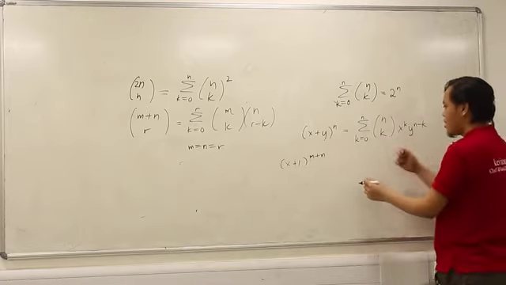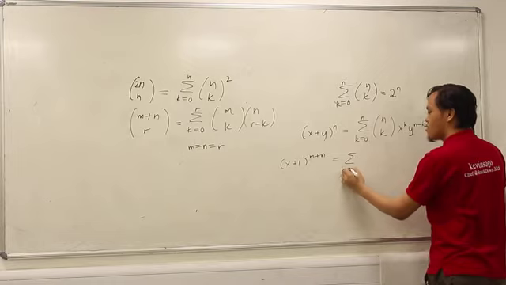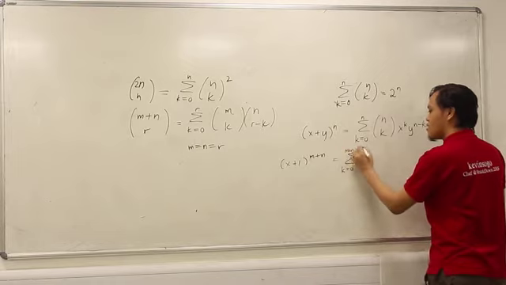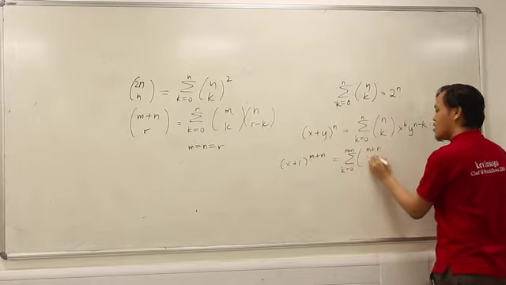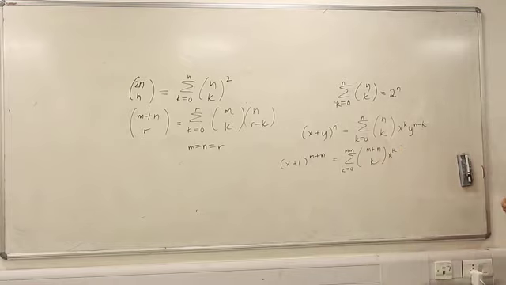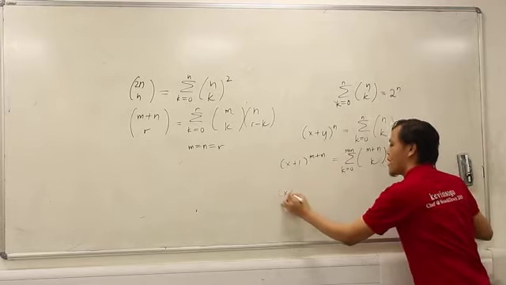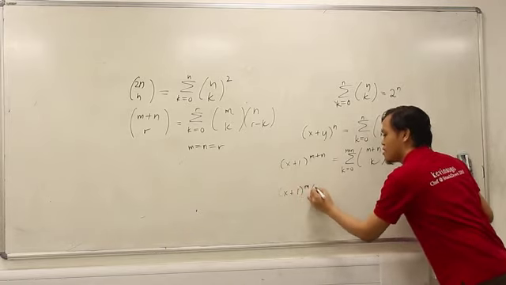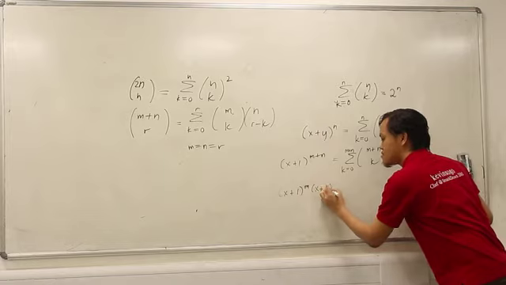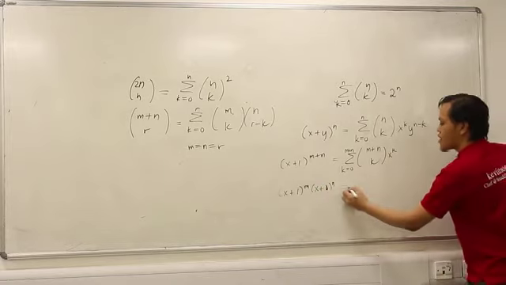So by this, we get that this is just the sum for k from 0 to m plus n of m plus n choose k, x raised to k. On the other hand, we can also just multiply these separately. What do we get from this? So we will get two sums.